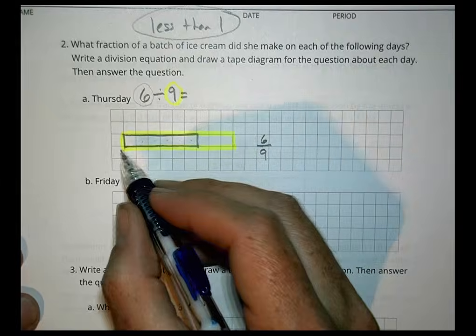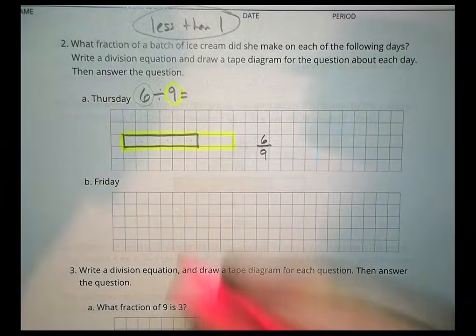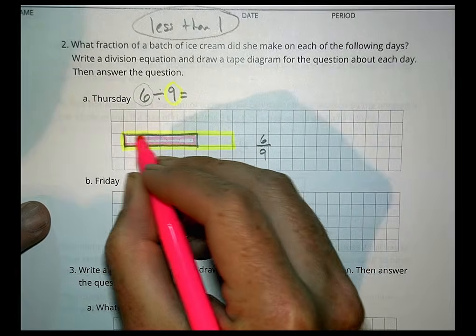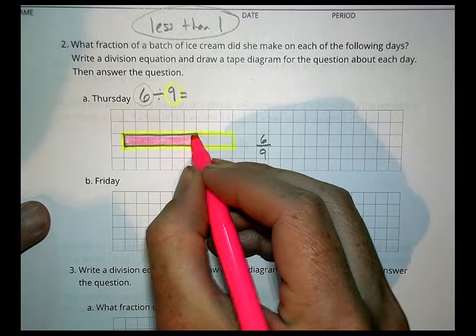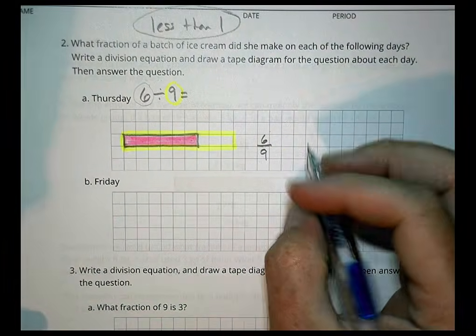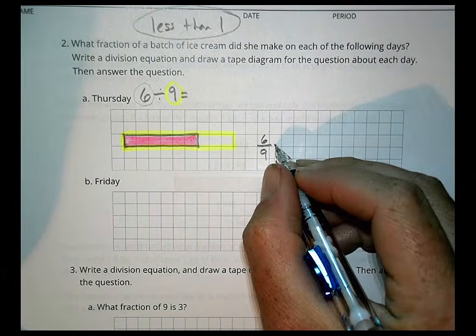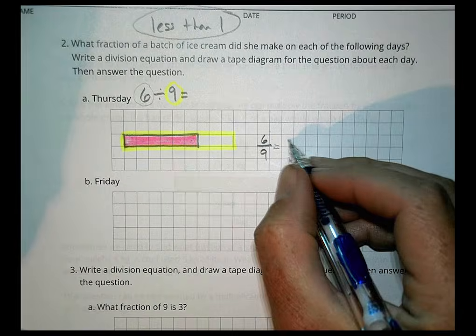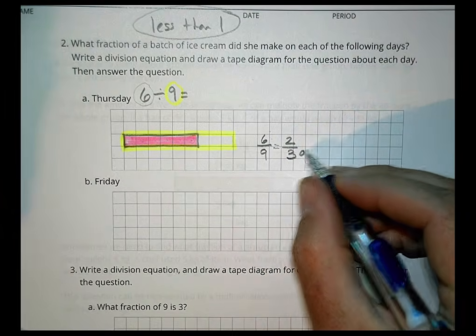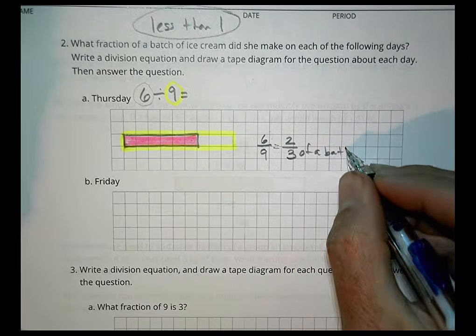So think back to your pink, right? This is kind of like the leftover. In this case, all we have is pink because I don't have a full batch. I have 6 out of the 9. And that reduces down: 3 goes in there 2 times and 3 goes in there 3 times, to 2/3 of a batch is what he made.